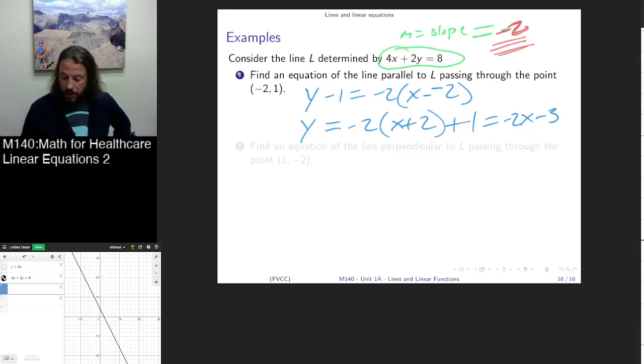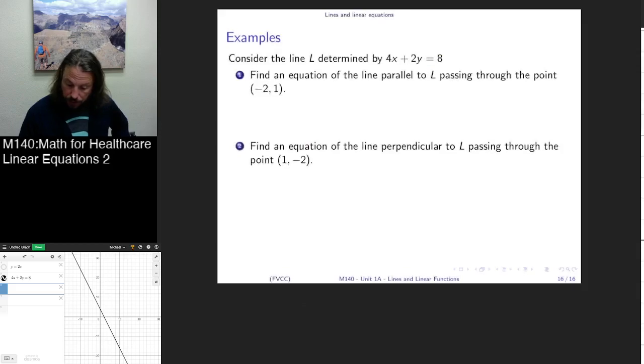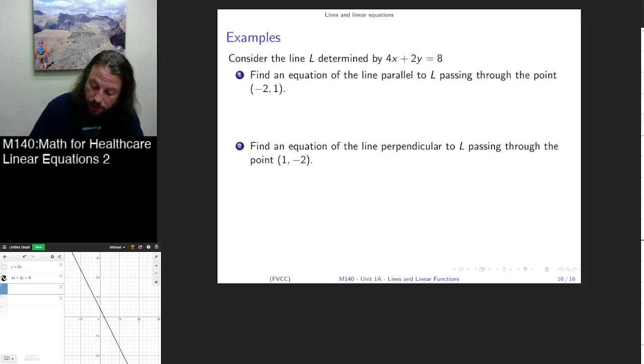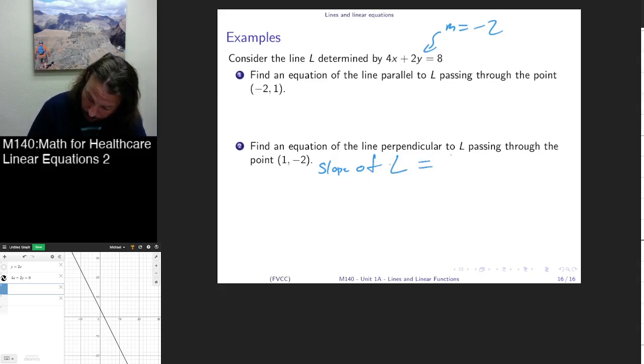Next up, let's say we have perpendicular. That's a little trickier. So now we have 4x plus 2y equals 8, the same line. Well, we saw that the slope of this line was equal to negative 2. So the slope of the line perpendicular to it is going to be positive 1/2.